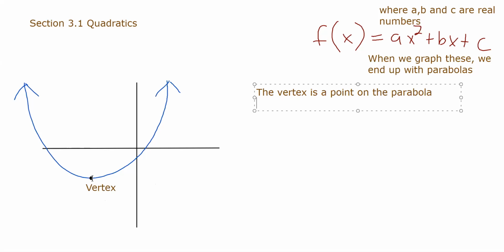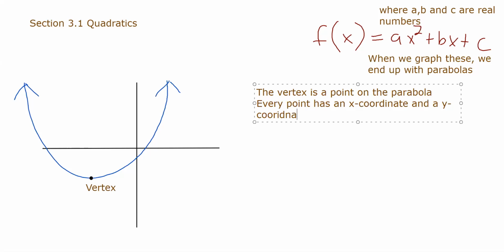It's a low point for a smiling parabola, the high point for a frowning parabola. Every point, if you just have your two variables x and y, has an x coordinate and a y coordinate. Okay, so far nothing new, nothing should be surprising you here.